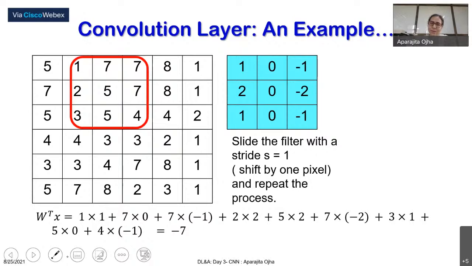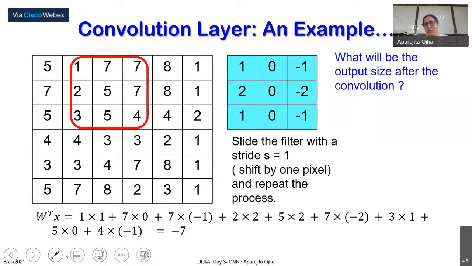That is, I take the dot product, I get another number. So what will be the output size after the entire convolution is performed? Can you tell me? Please write your answer in the chat box.